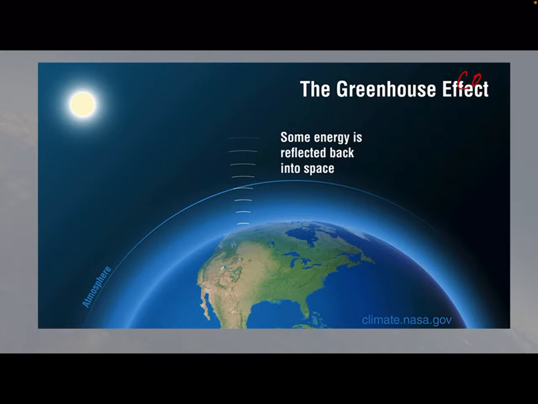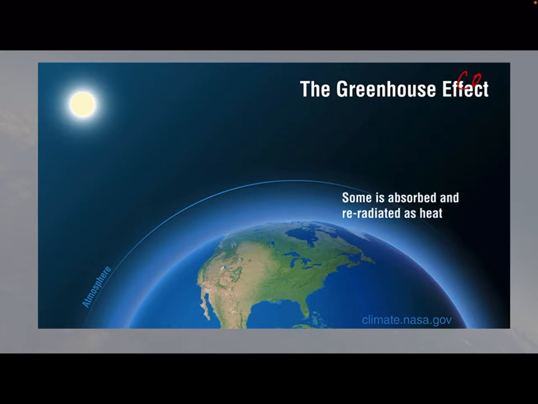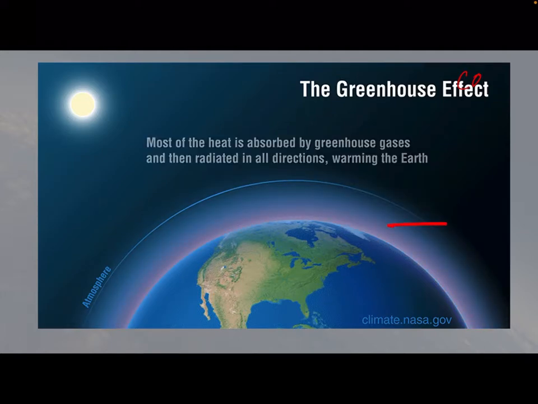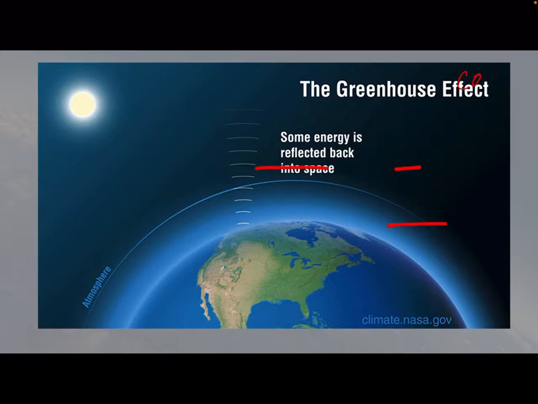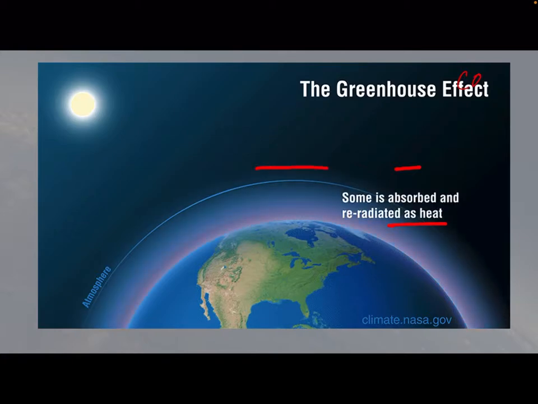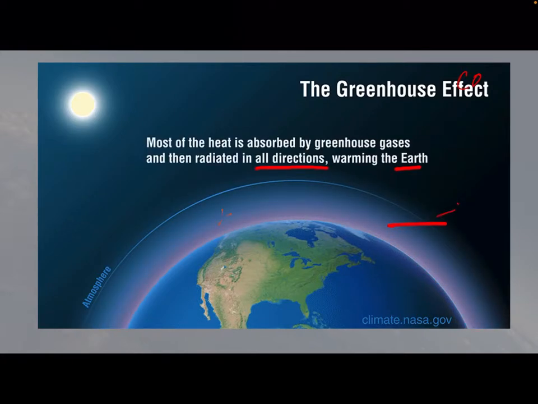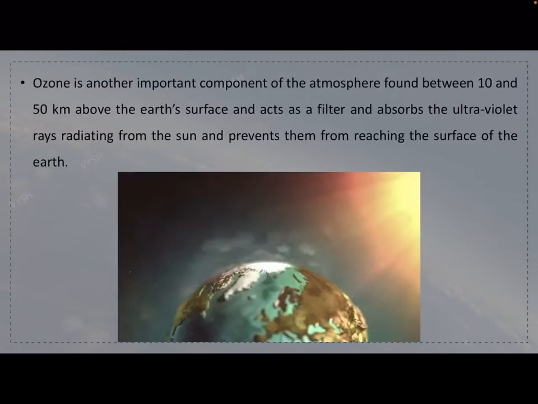See, the sunlight is reaching Earth and slowly it is released in the form of heat. Most of the heat is absorbed by the greenhouse gases and then radiated in all directions, warming the Earth. You can see the energy is reflected back into space, and it is absorbed as heat.